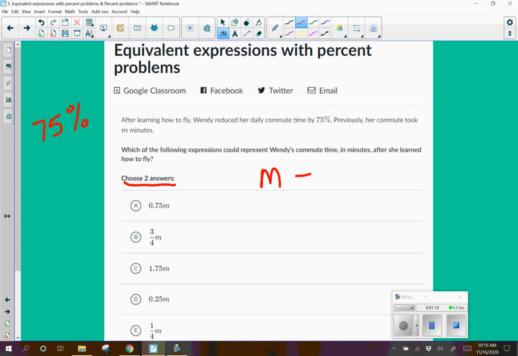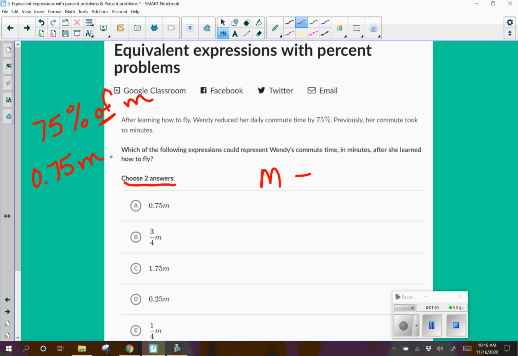First, we want to convert our percentage to a decimal, which 75% as a decimal is 0.75. And then in order to find 75% of something, what does of mean? Of means multiplication. So we're taking our decimal of 75%, which is 0.75, and multiplying it by her commute time.